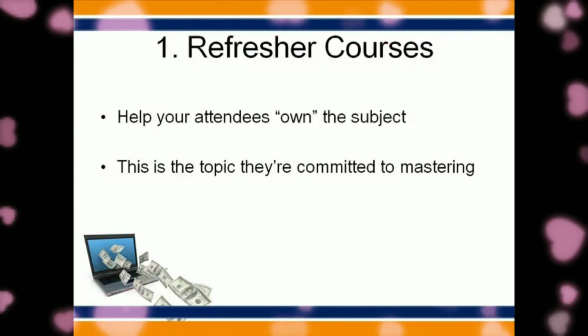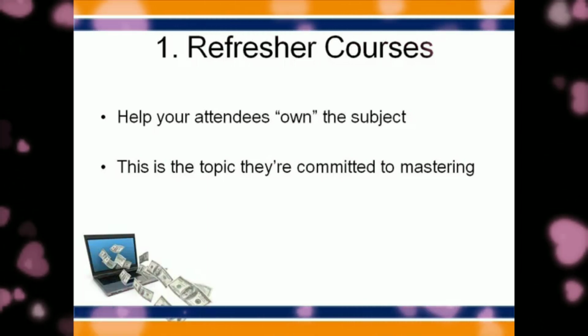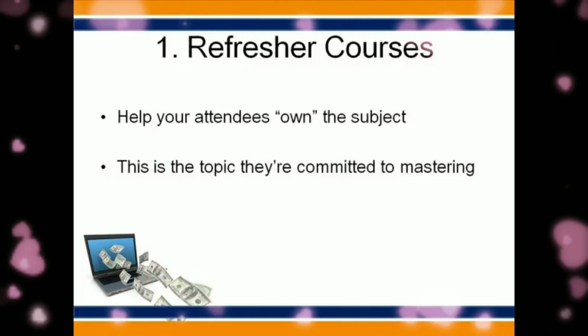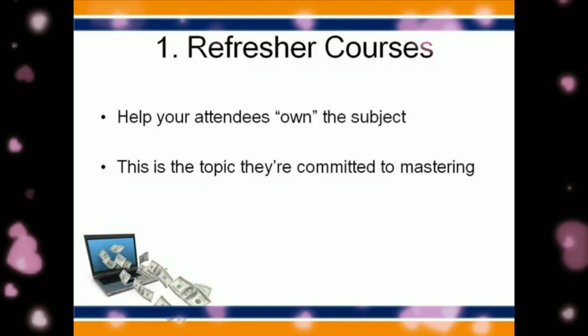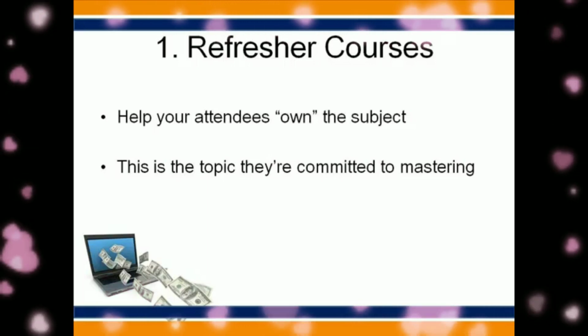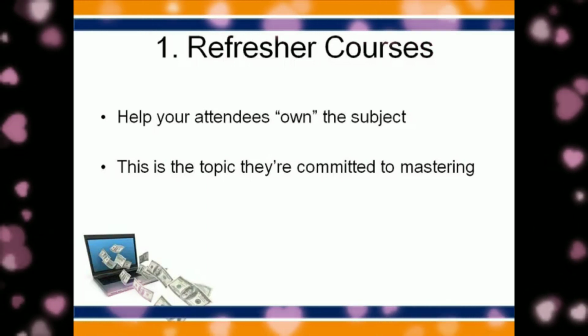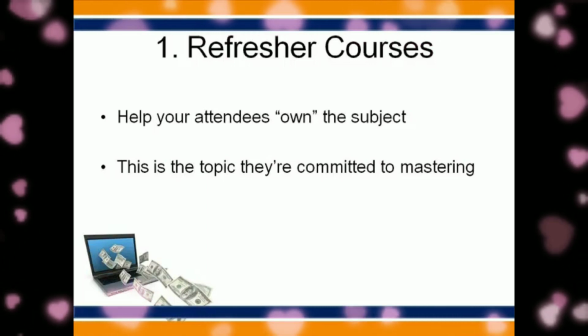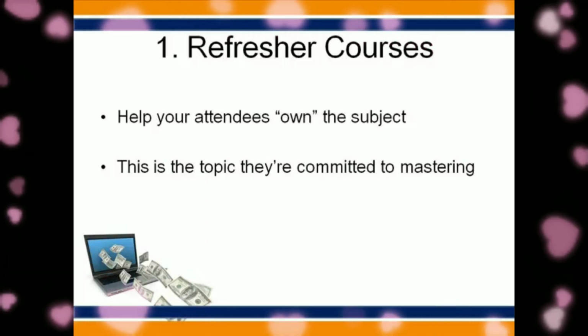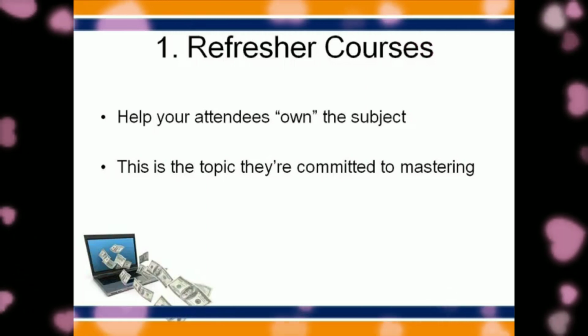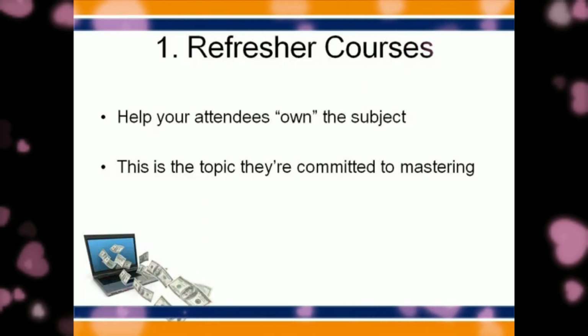For example, if your attendee is a painter, you are helping him own color. If your attendee is an equestrian, you are helping him own mastering the half pass. If your attendee is a fisherman, you are helping him own casting with a fly rod. If your attendee is a graphic designer, you are helping him own layer handling and transparency.